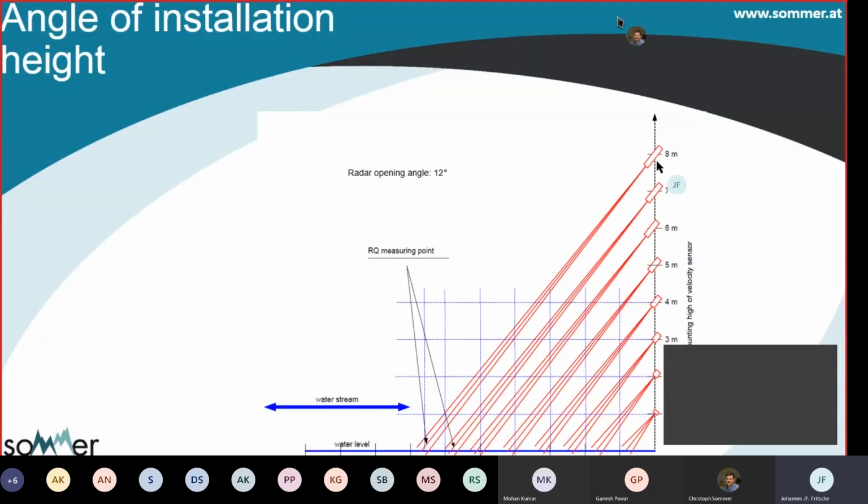And say if the bridge is now 8 meters high, then the measurement spot would be closely to 7 meters from the bridge. So you should take your cross-sectional profile around here, where the 7 meters are. On our smaller bridge, you should take it down here at the 3 meter level.